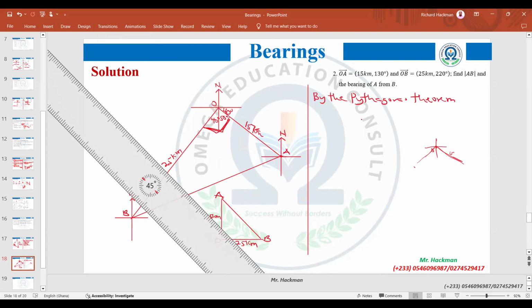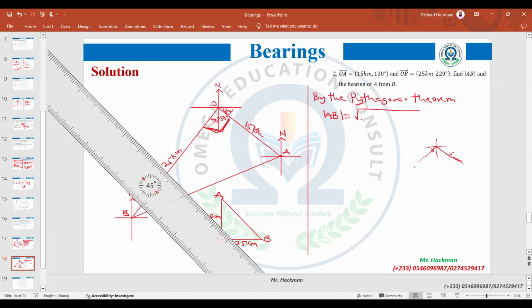Now I am going to put the refined version. If you are not matured, put the raw one. So that will give us the length of AB, which will be equal to root of the sum.